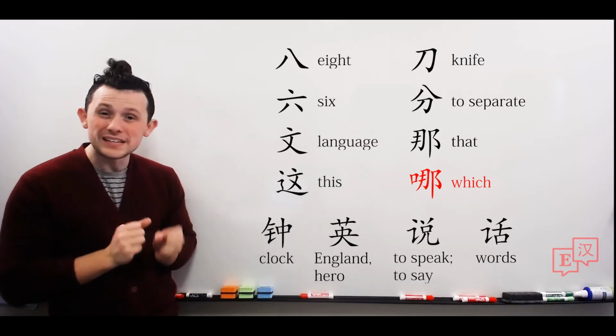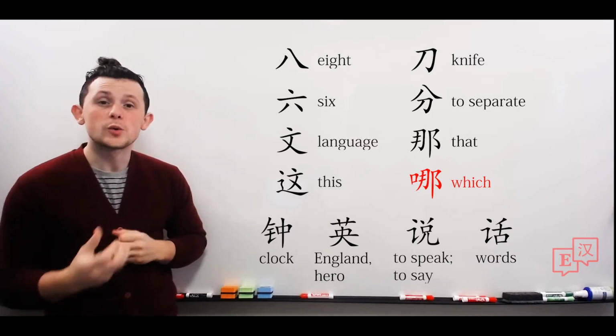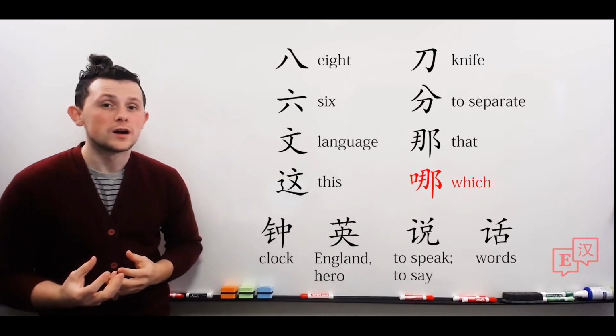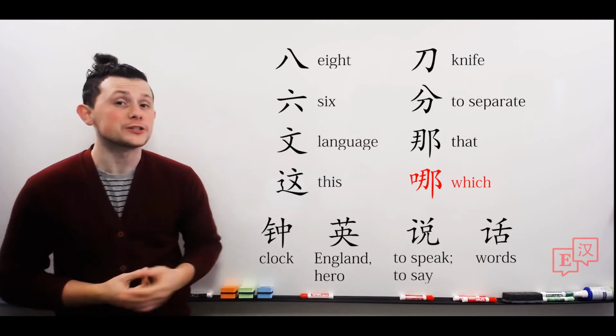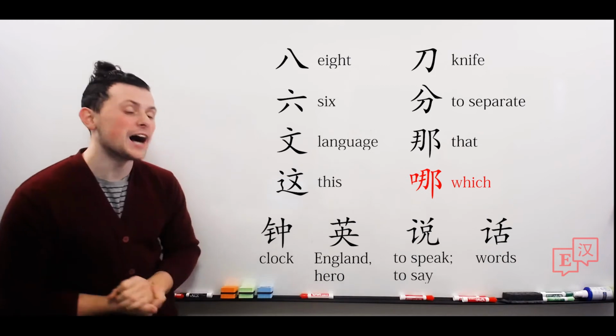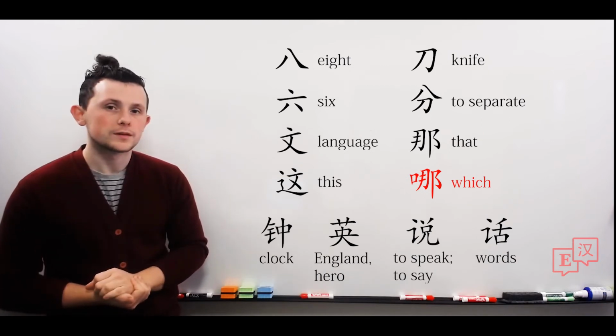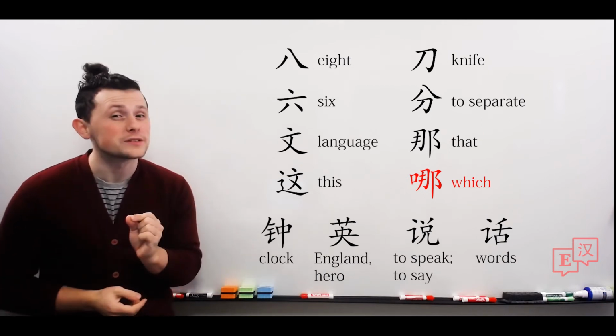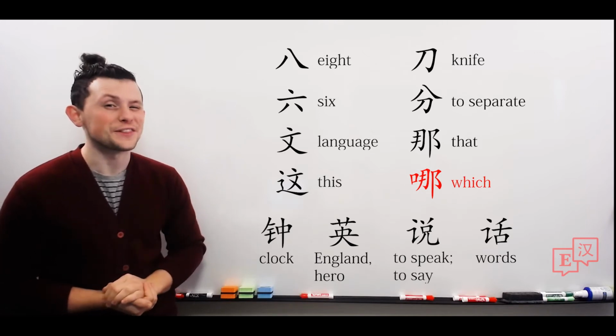And this means which. So it is a question about what someone is pointing or referring to. Which. Na. Now the tone there is really important, so focus on that.